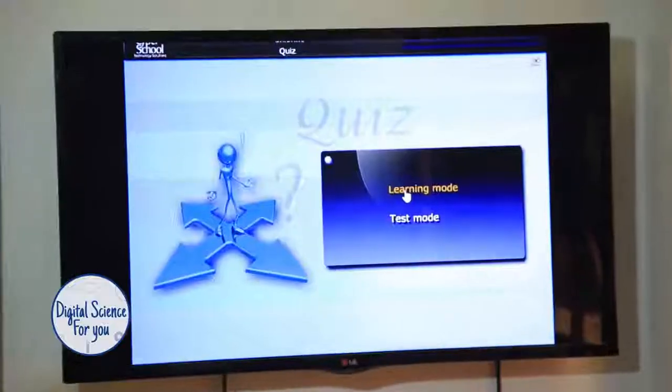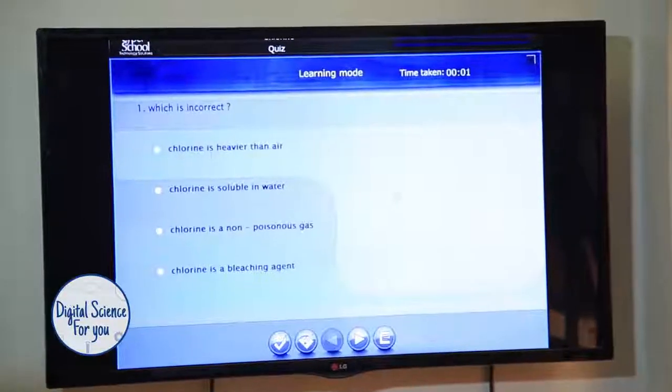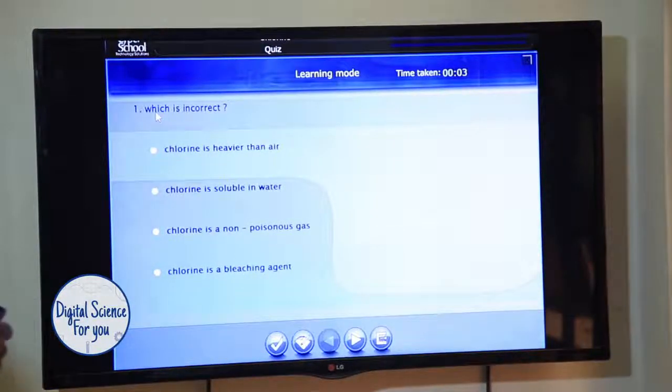So Digital Science also has a quiz. The quiz is of 2 categories. There is a learning mode. Here you have explanations. For example, the question is saying: which is incorrect? 1, chlorine is heavier than air. 2, chlorine is soluble in water. 3, chlorine is a non-poisonous gas. 4, chlorine is a bleaching agent.